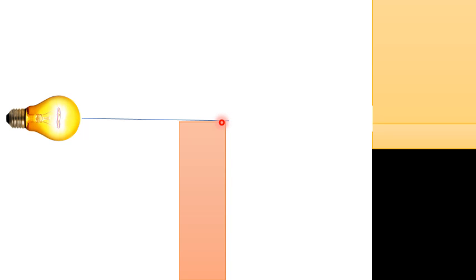So what actually happens is that, suppose you have a light, this light bends around the corner, therefore this region is illuminated. Can you notice here? Now the phenomenon of bending of light around the corners of an obstacle is known as the phenomenon of diffraction.